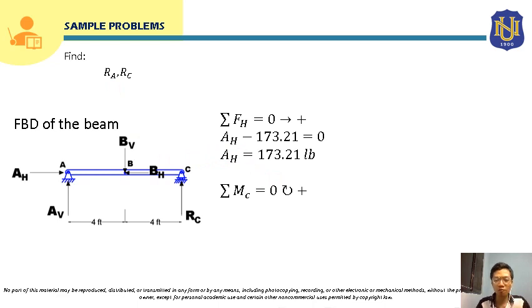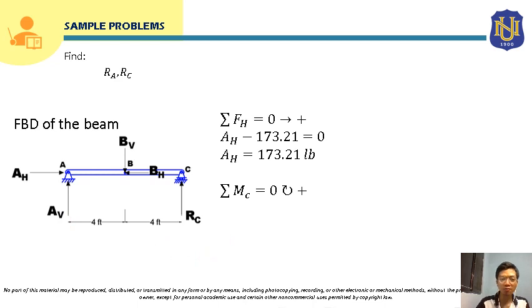So we need to solve first for AV, to solve for RA. To solve for AV, we will sum up moment at point C. RC will be cancelled, and the unknown force here that will have moment will only be AV, since AH will also pass through point C, so AH will also be cancelled.